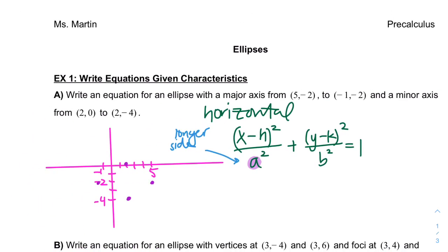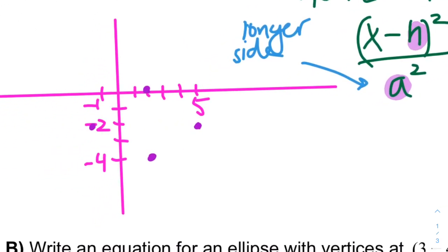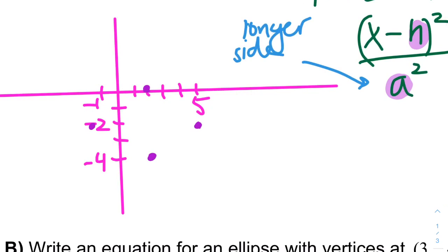So all we need to do is we need to know what a is, we need to figure out what b is, and we need to know what our center is. Our center is (h, k). So when I look at the points here that I have, I can kind of eyeball it, but the way to know exactly where my center is, I just calculate that full distance from each point.